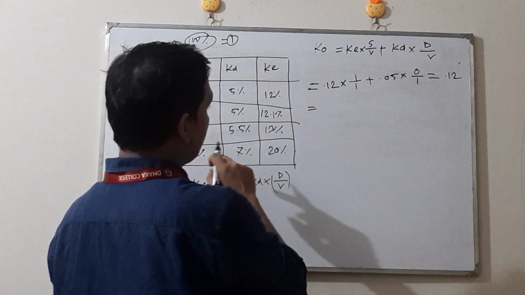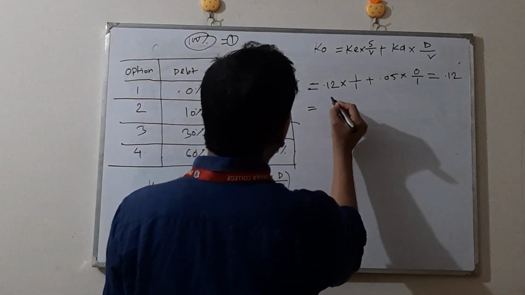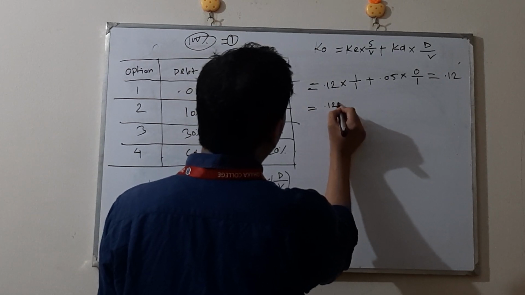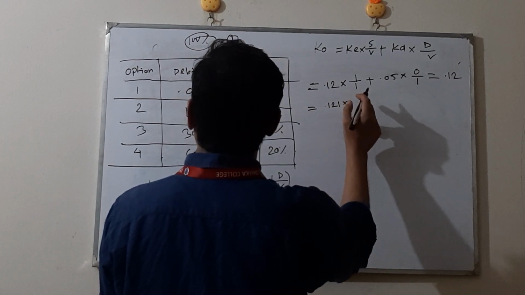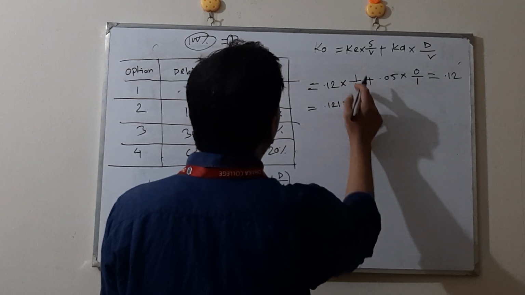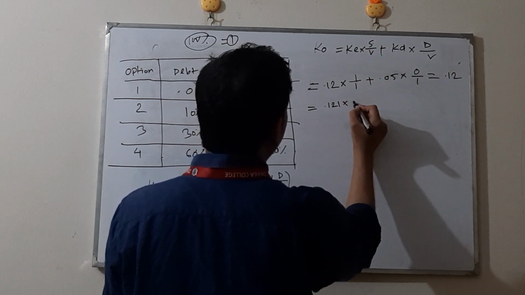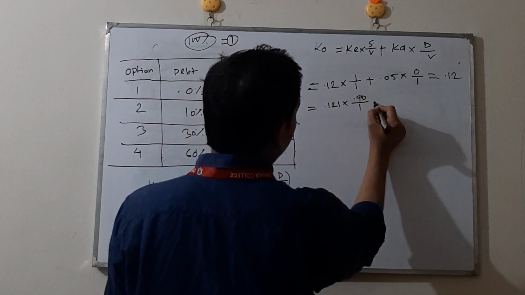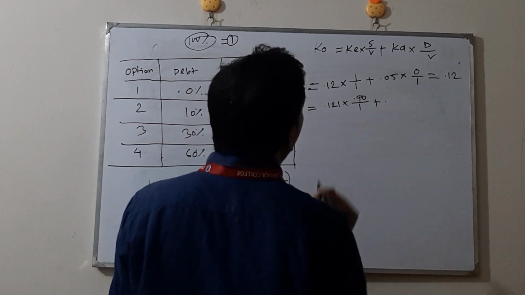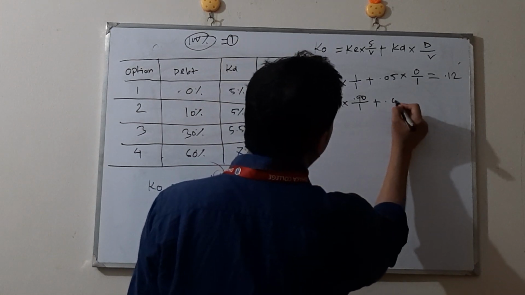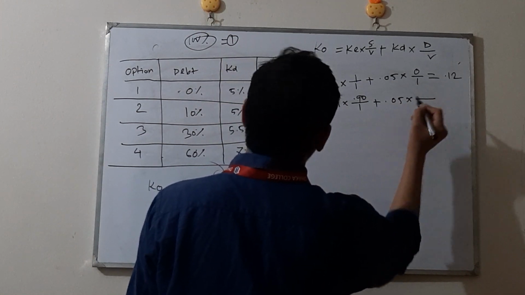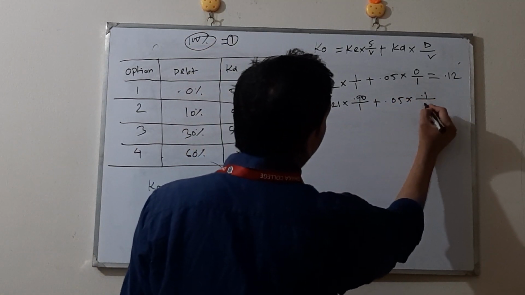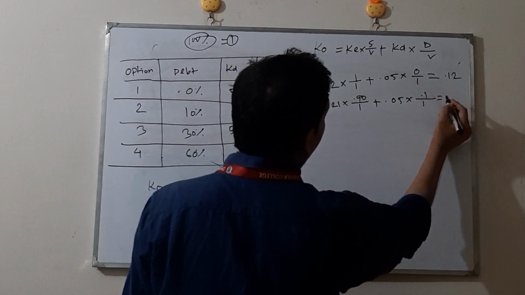In option two, KE is 0.121 into S, the value of the shares, 0.90 divided by 1, plus KD 0.05 into D 0.1 divided by 1.